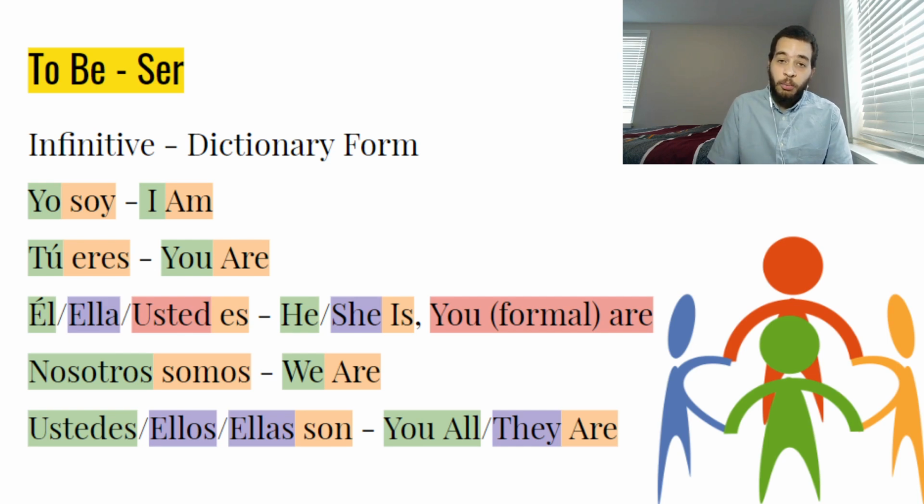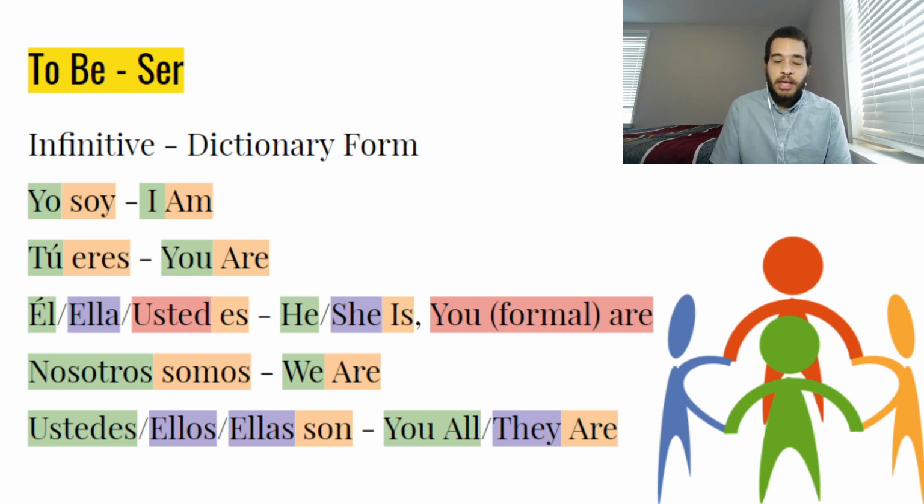Usted is the formal version of you, where tú is the casual form of you. And then es would become are if you use it with usted. So, él or ella es, he or she is. Usted es, you, polite, are. Nosotros somos, we are.